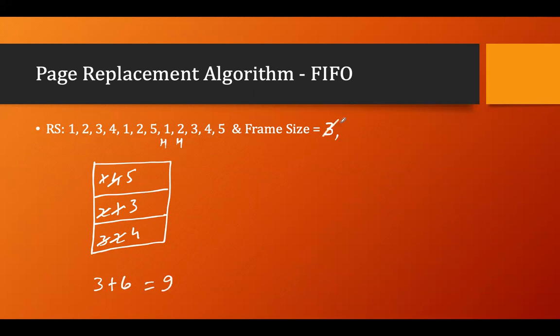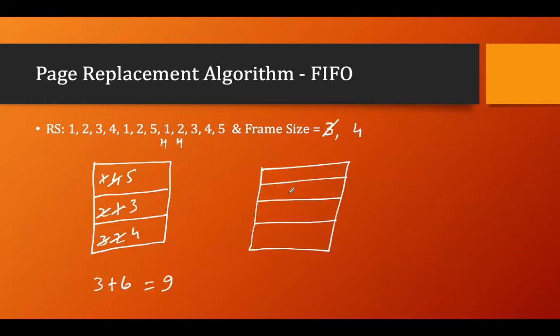Now let's assume that we are taking 4 frames. Let's solve the same thing with 4 frames. So we put the pages 1, 2, 3, and 4. Now 1 is there, 2 is there.